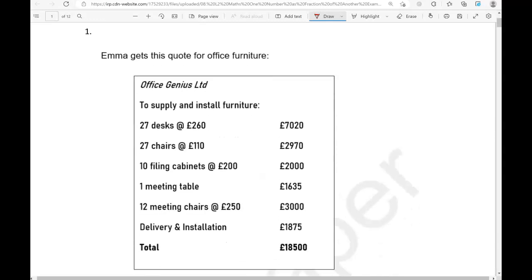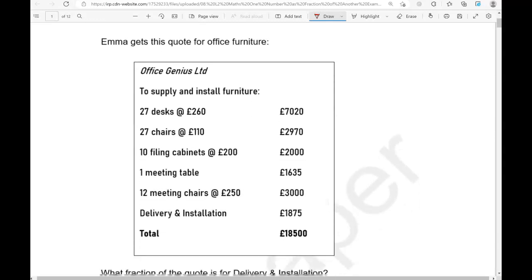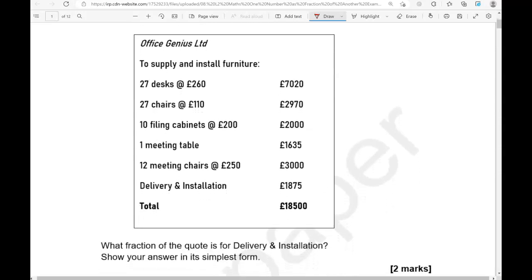Emma gets this quote for office furniture. Office Genius Limited to supply and install furniture. 27 desks at £260. That costs £7,020. 27 chairs at £110.